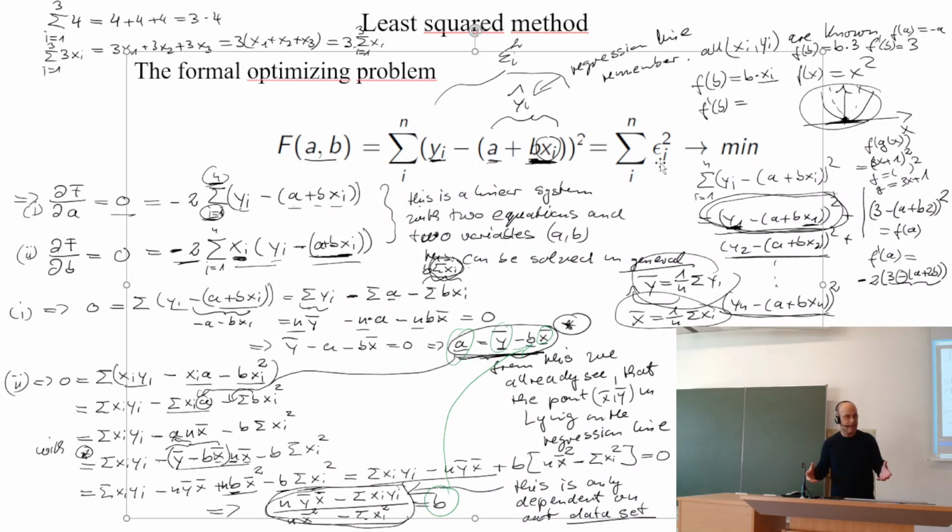The second is that it is closely related to the normal distribution. Quite often, if we don't know how our errors, these epsilons, are distributed, we assume that they are normally distributed.